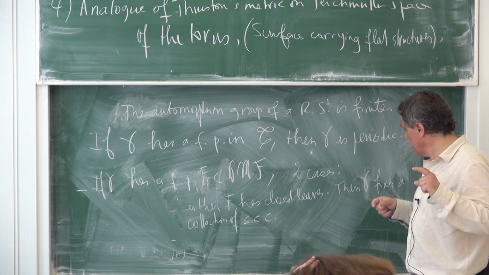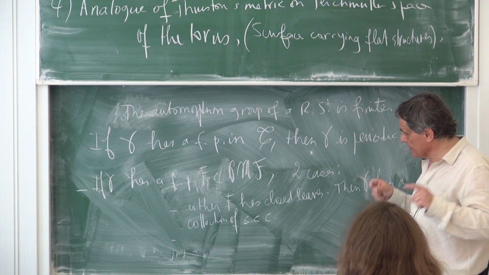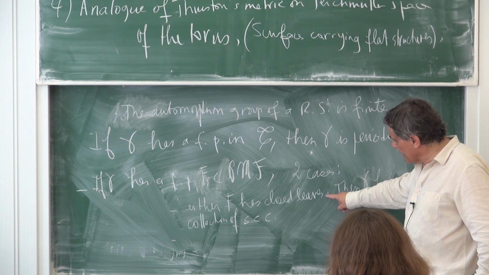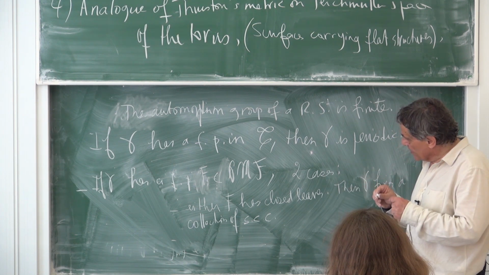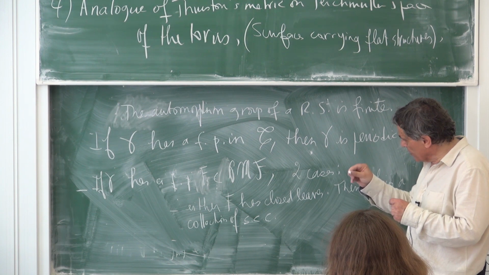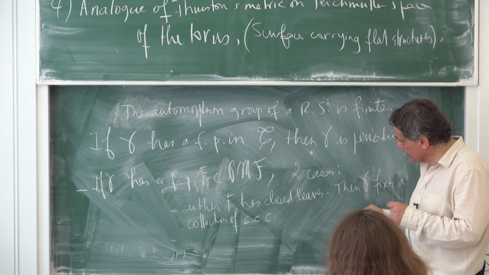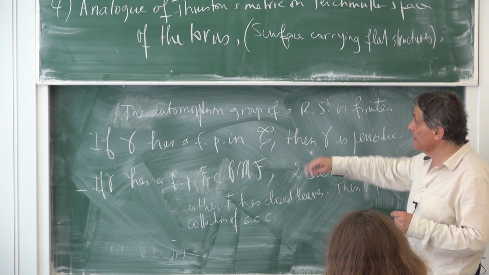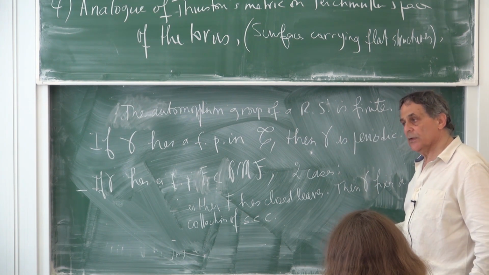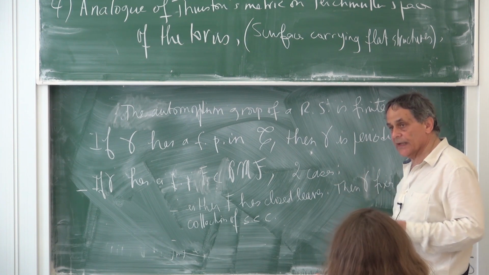Here I have to be careful, because the closed leaves could also be made of arcs joining singular points. I don't want to enter into this because this is not my topic anyway.